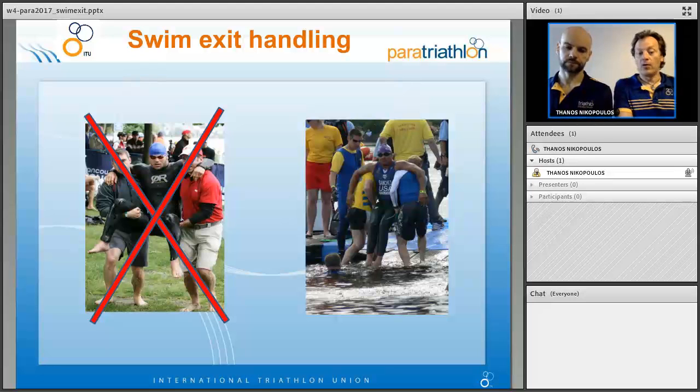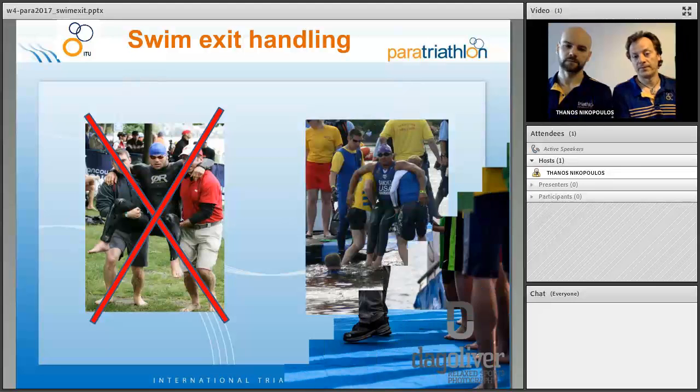Always ensure that you have a clear path for the athletes that don't require assistance, and a clear path for the swim exit assistants that have already assisted an athlete to come back, without causing any interference with the athletes that are exiting, either with or without help of swim exit assistants.